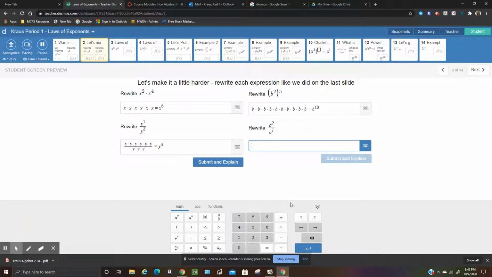And this is equal to a times a, and a multiplied together 7 times on the bottom.